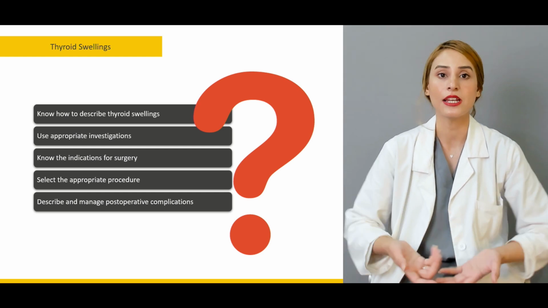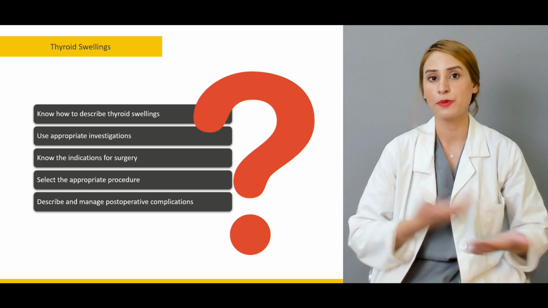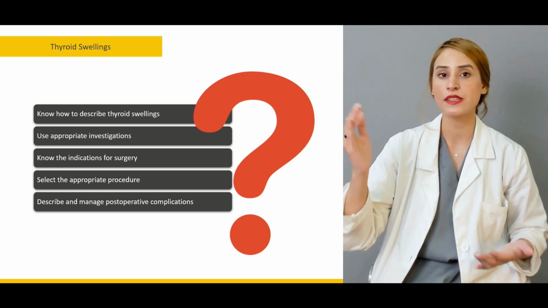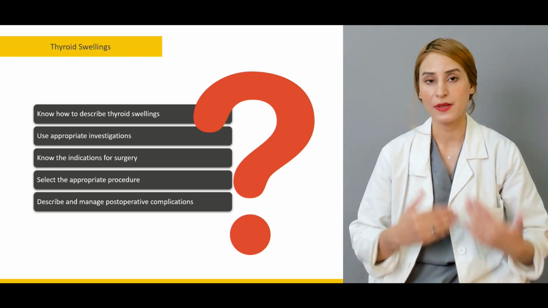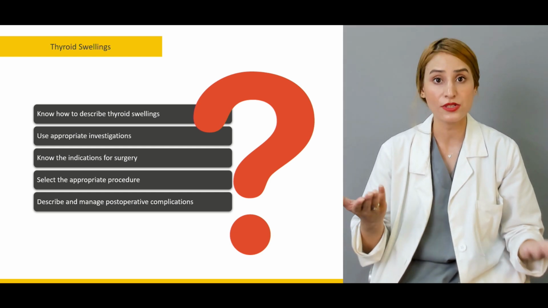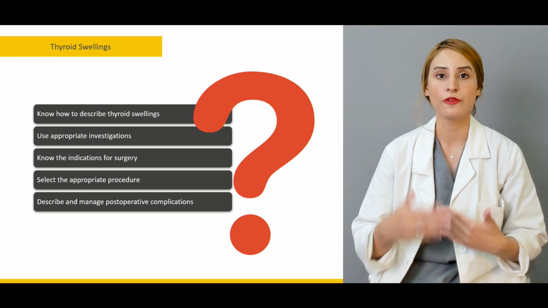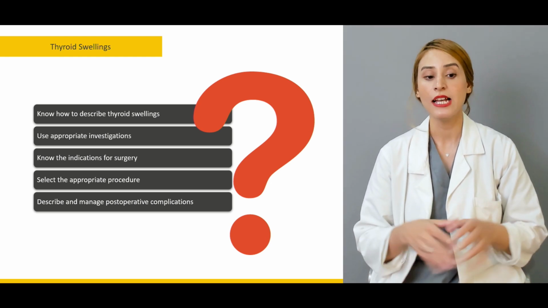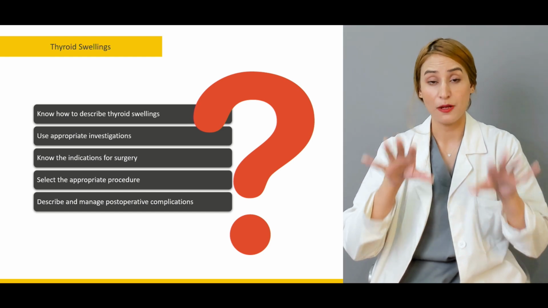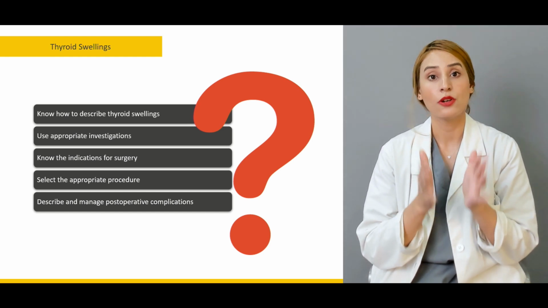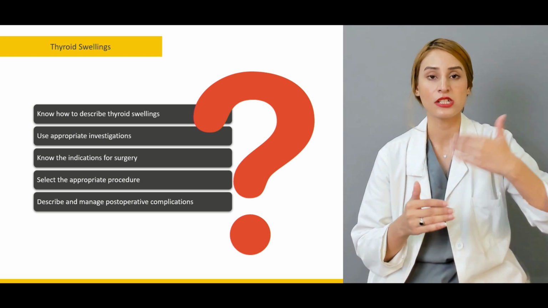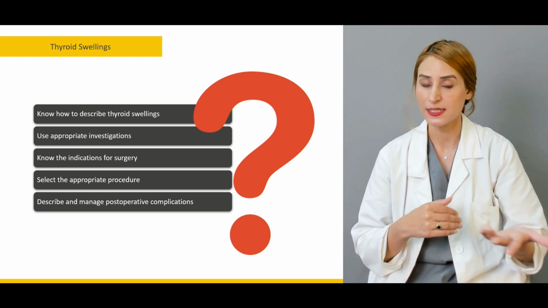There's no need to take out the whole thyroid gland and put the patient on lifelong thyroxine therapy, or on calcium supplements, because if you're performing a total thyroidectomy, you're actually removing the parathyroid glands as well. So you need to make a decision and go for the appropriate procedure according to the disease or the symptoms.